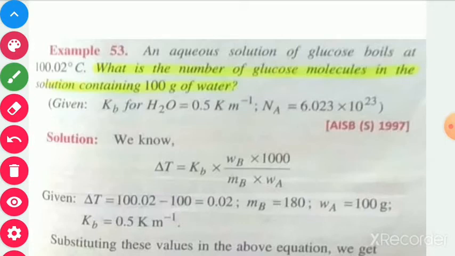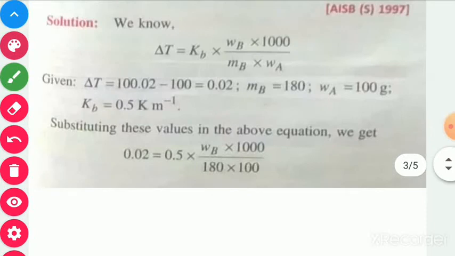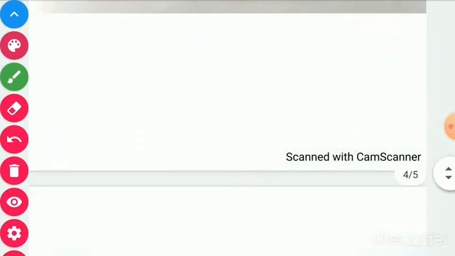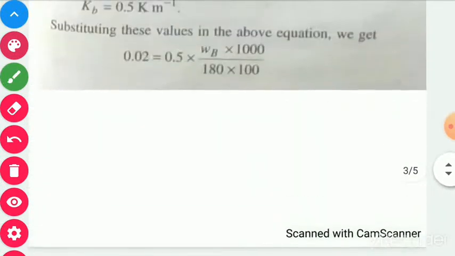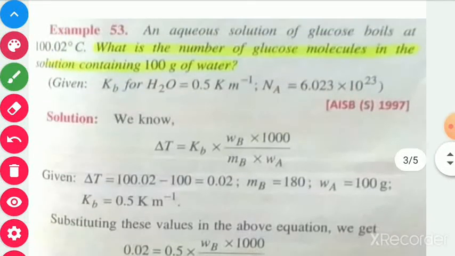The Kb value given in the question is 0.5, and you know that Avogadro number is 6.023 into 10 power 23. To find the number of glucose molecules, first of all we have to find the mass of solute. Applying the formula for elevation in boiling point, delta TB is equal to Kb into Wb into 1000 upon Mb into Wa.